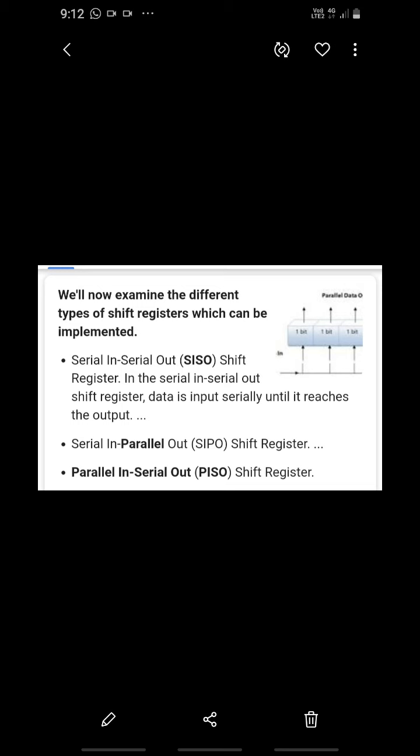The concept of storing the binary information, either 0 or 1, in a flip flop. A binary 1 is applied to the input and a clock pulse is applied that stores the 1 by setting the flip flop.